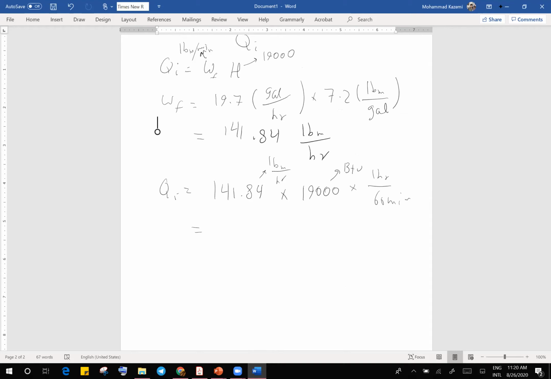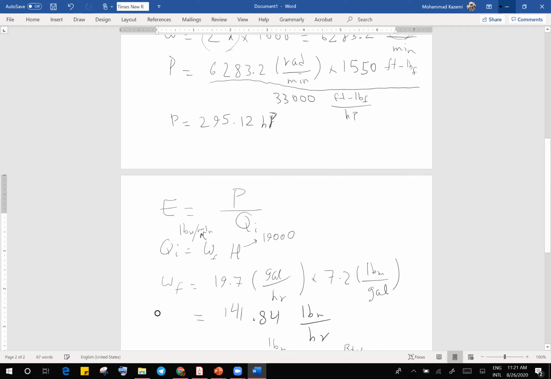And eventually, what conversion factor do you need to use? That's 33,000 feet pound force per minute per horsepower. Did I forget to put minute here? Yes, I did. This is per minute here.